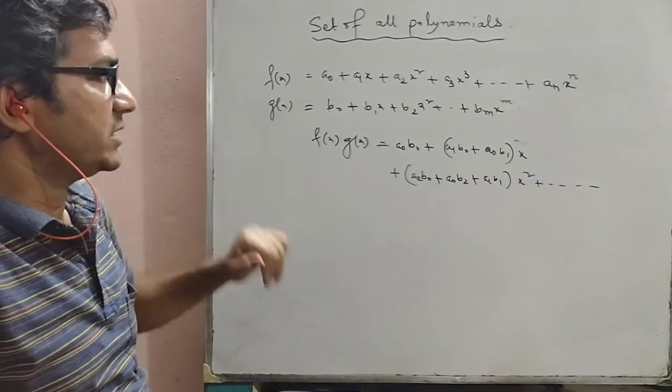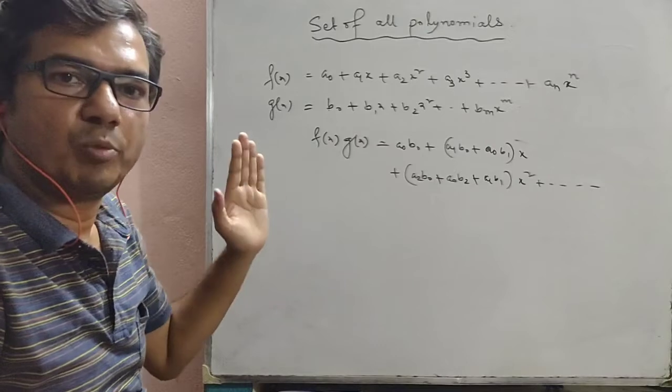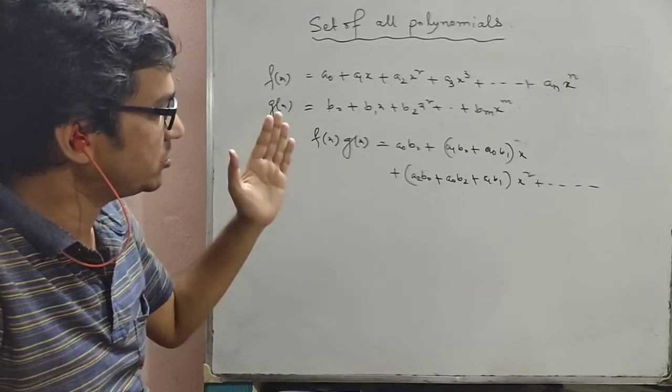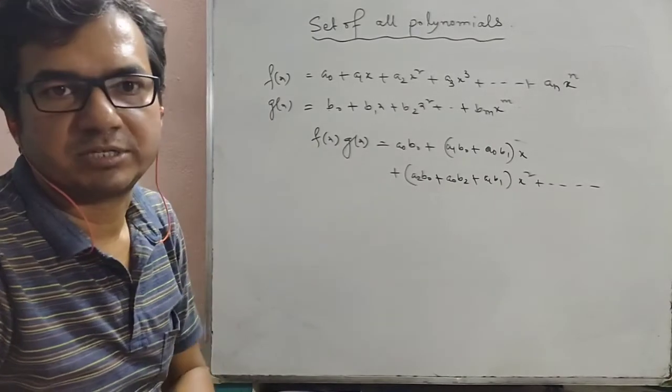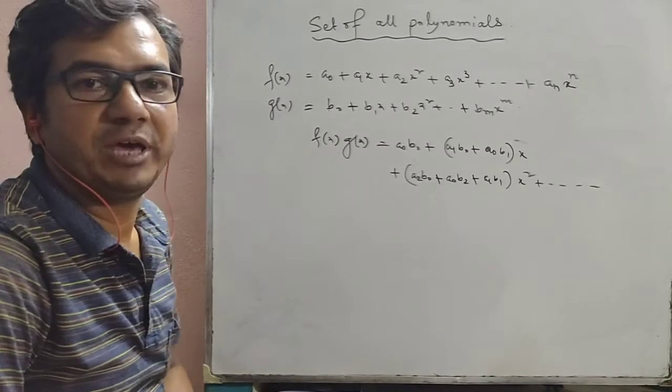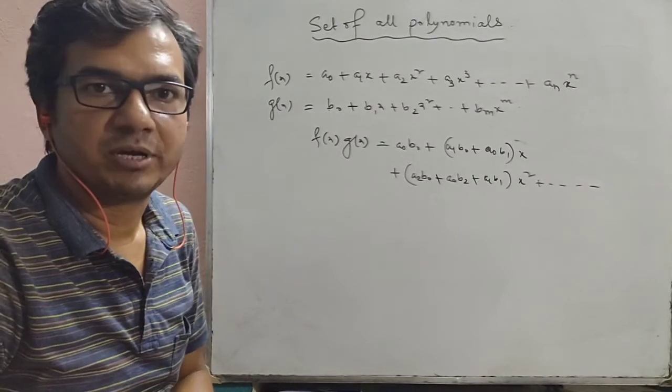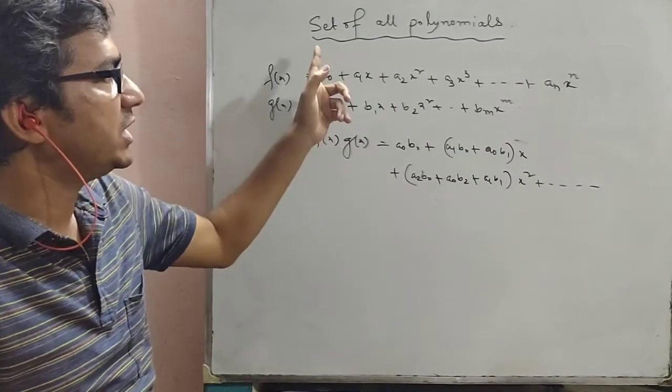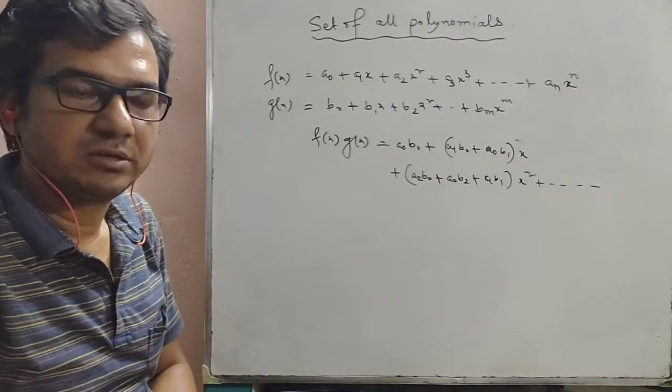and this set also forms a ring with respect to the addition and multiplication, and this is called the polynomial ring over real numbers because the coefficients are all real.